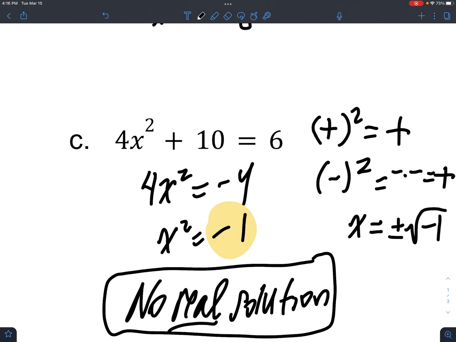If you did take a square root, the square root of negative 1 is actually called i, but that's an imaginary unit. So it's not going to be part of our answer here, but it certainly exists. It's imaginary.